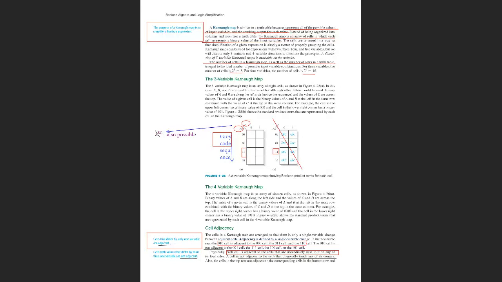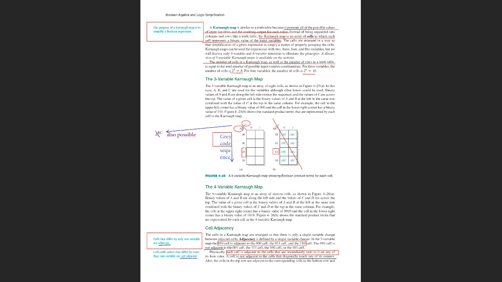So when you go to the column of combinations of variables, here we have the column of A and B. We have the sequence 0, 0, 0, 1, and now 1, 1, and then 1, 0. So this sequence of codes for combinations of variables is not weighted binary system order, mathematical order.